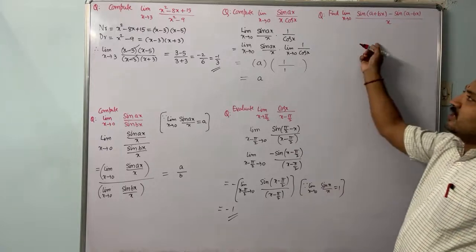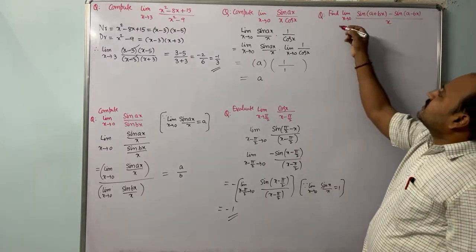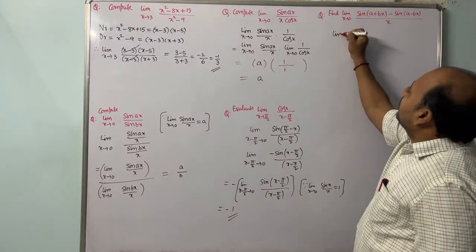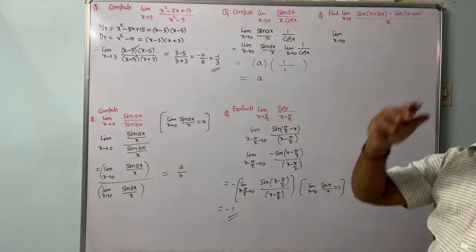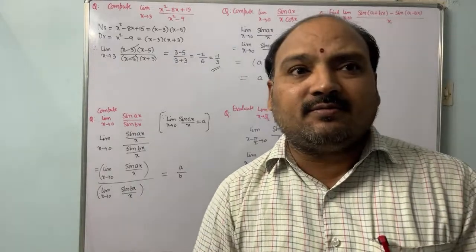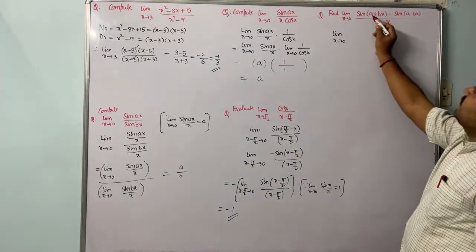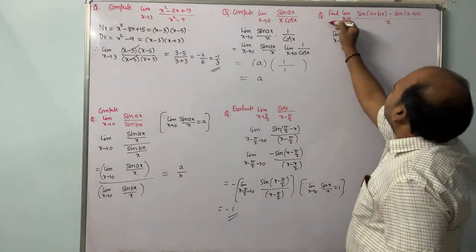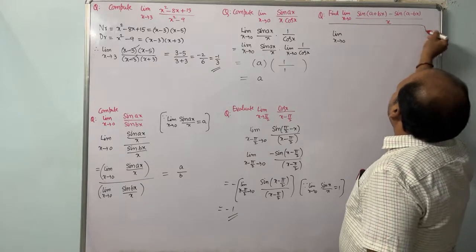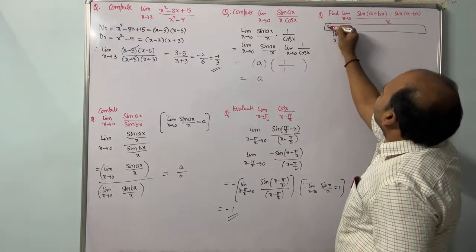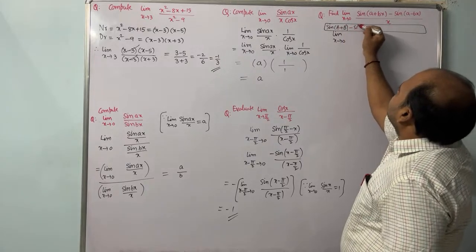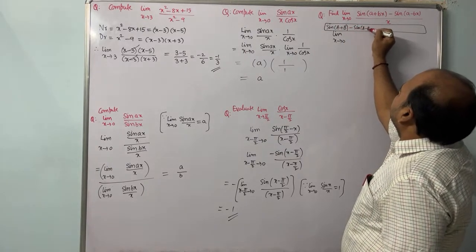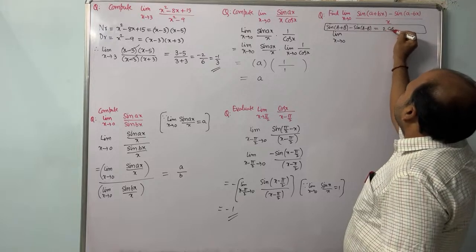Now move to another question. Limit x tends to 0 sin of a plus bx minus sin of a minus bx. It is in the form of sin of a plus b minus sin of a minus b. Here I am going to write the formula. Sin of a plus b minus sin of a minus b is equal to 2 cos a sin b.